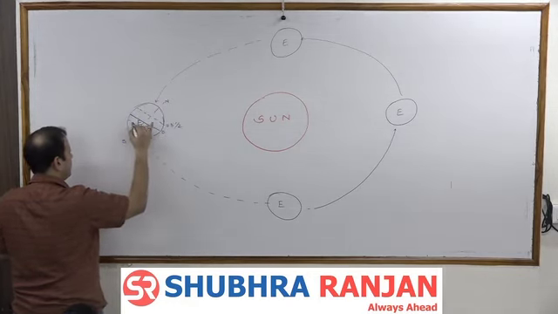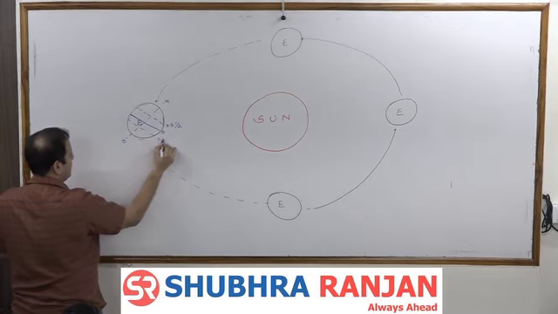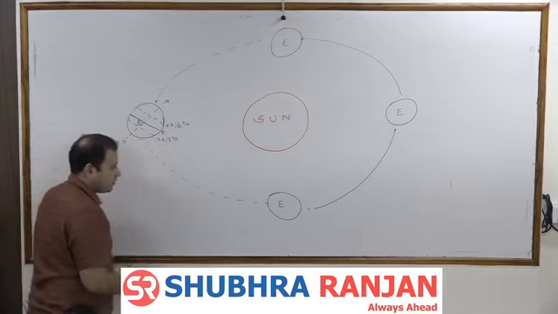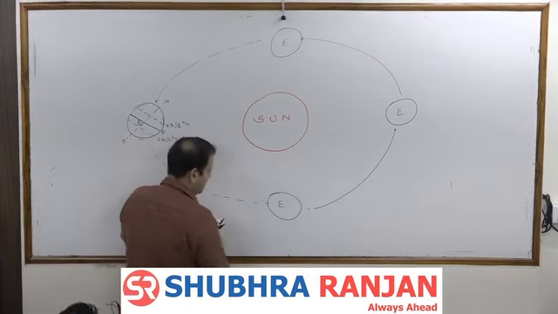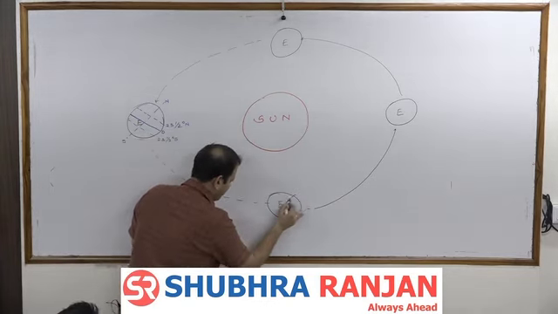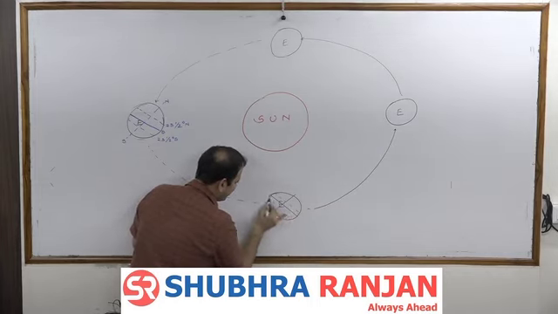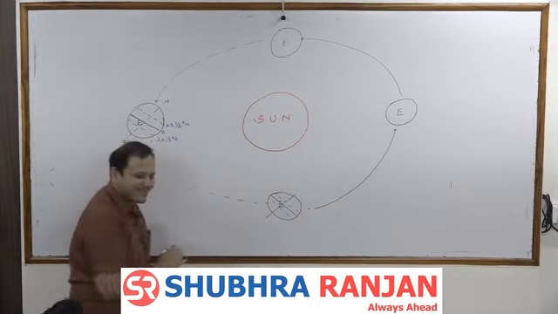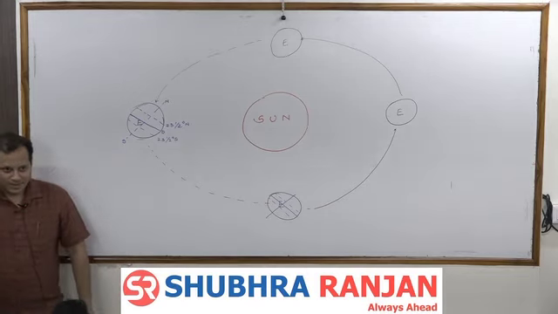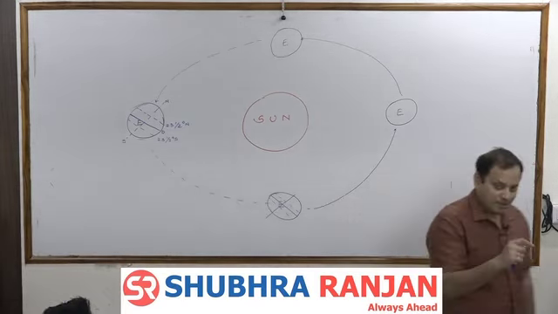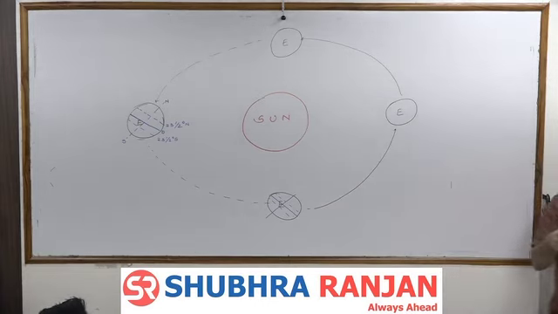This is the Tropic of Capricorn. Can you tell me why it is known as Tropic of Cancer and Tropic of Capricorn? Obviously astronomy से related होगा. Because when we say sun is in the Tropic of Cancer or Tropic of Capricorn, sun is exactly opposite to Cancer zodiac sign. That is what is the Tropic of Cancer.